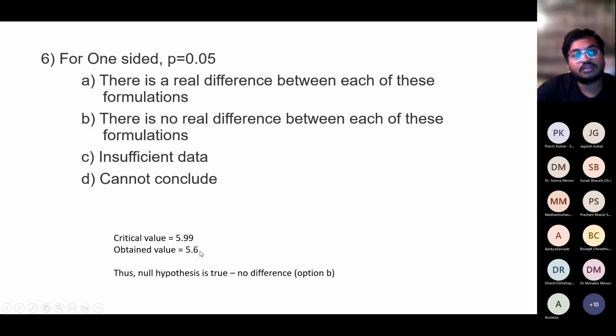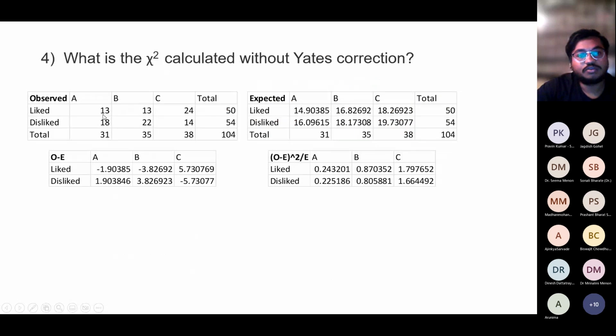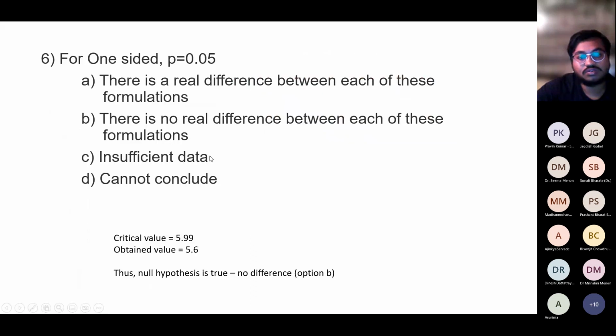For example, if you are given numbers like 3, 3, 2, 1, 2, 1 or something like that, and you calculated a value which was close to or greater than your critical value, or something very close, then you should say insufficient data, because even though it might be significant for these few numbers, it might not be the case if you increase the data.